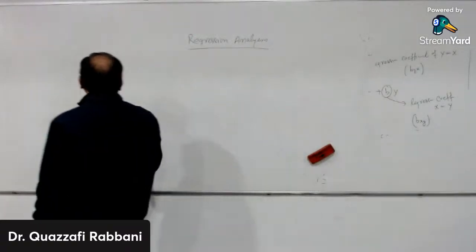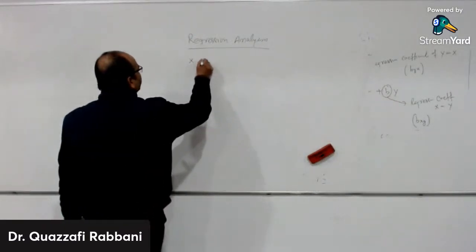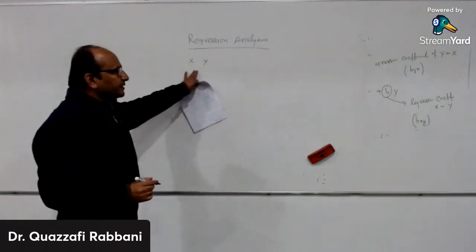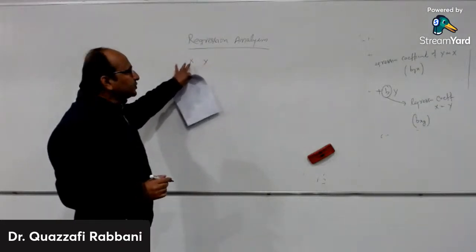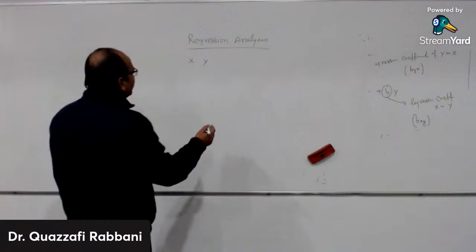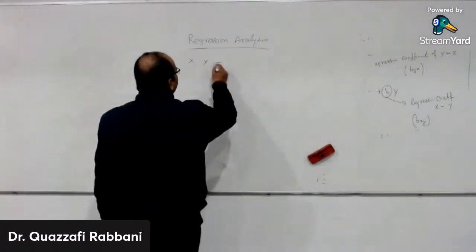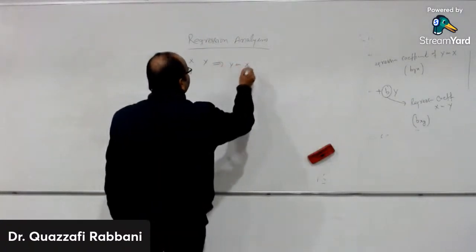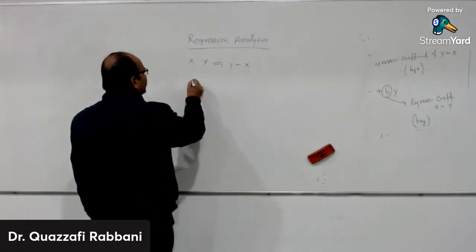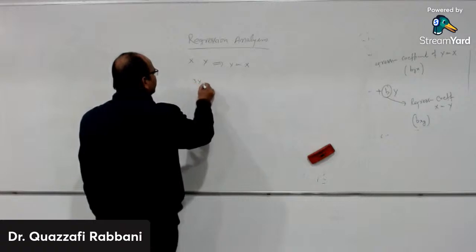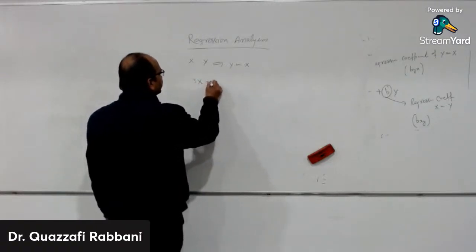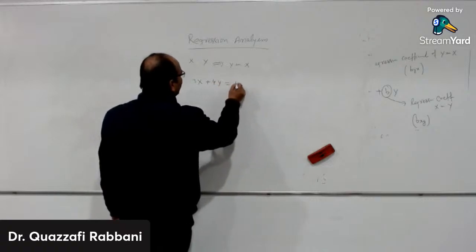Suppose we have two variables x and y, and these two variables are correlated. Then there must be an equation between these two variables. Suppose in this case y depends on x, and we have an equation like 3x plus 4y is equal to 10.